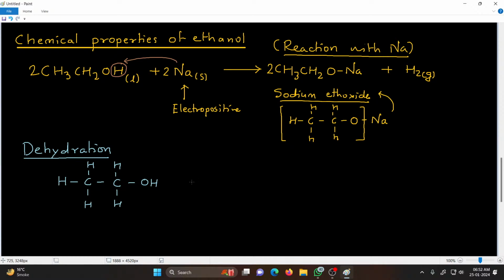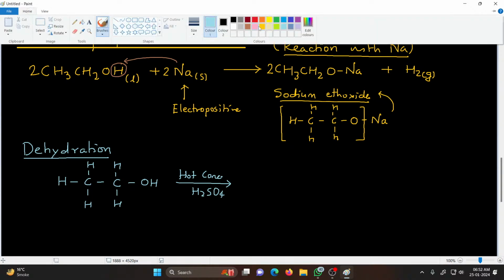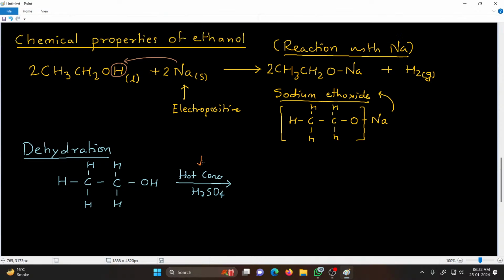That will do. So dehydration takes place in the presence of a dehydrating agent, and the dehydrating agent is hot concentrated sulfuric acid. Just as we have seen the oxidizing agent which provides nascent oxygen, and that was alkaline KMnO4 or acidified K2Cr2O7, here sulfuric acid acts as a dehydrating agent.